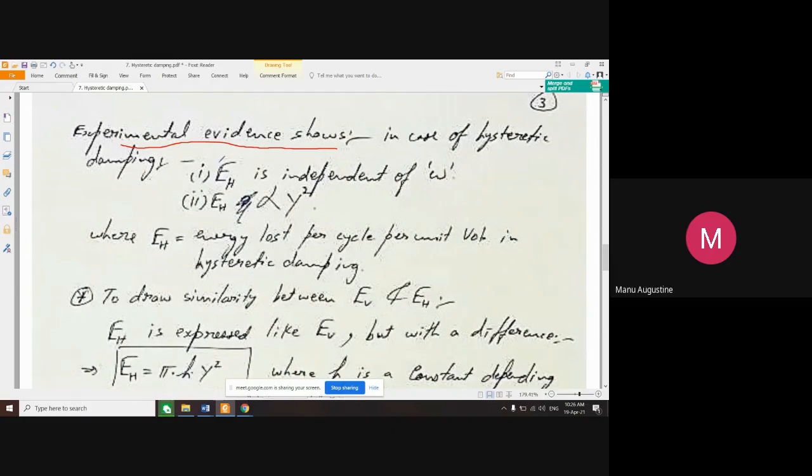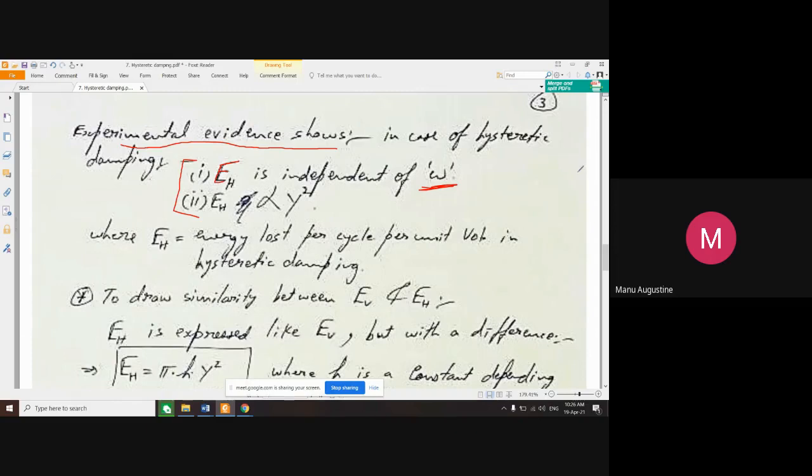We will simply take for granted the results that scientists and experimenters have given us. So they have said that when hysteresis damping energy loss was recorded, most probably as heat loss, this energy loss was found to be independent of the frequency.